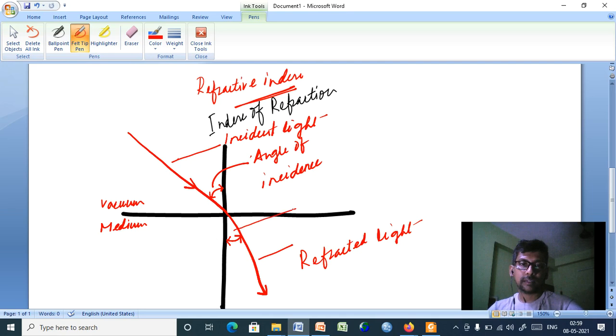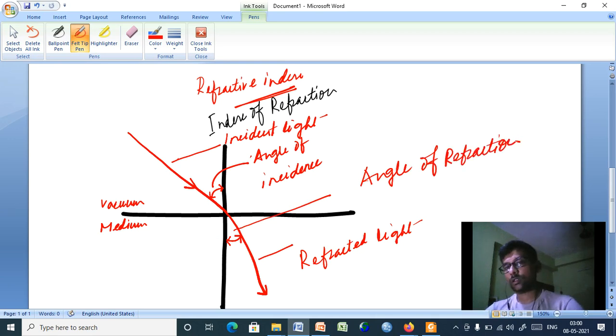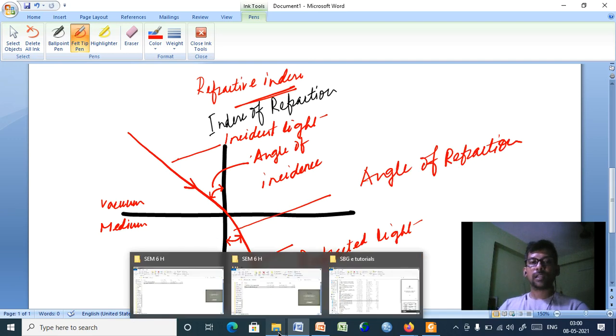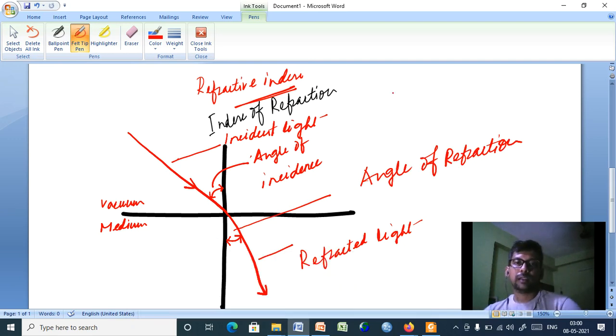And this is the angle of refraction. Okay. So this image clearly demonstrates the nature of refractive index.